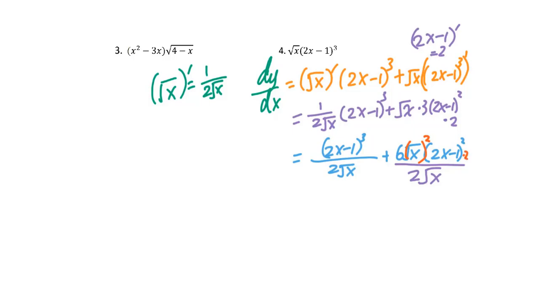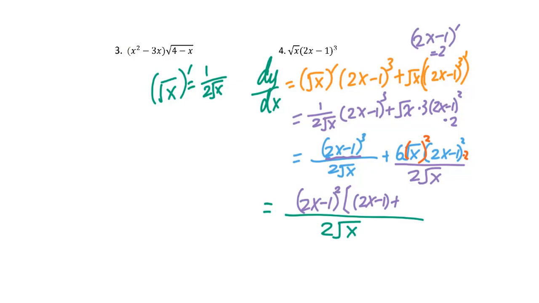So we organize. You will get the denominator is the same, 2 square root of x. And you will take this 2x minus 1 squared out. So for the first one, you will get 2x minus 1 left, plus 2 times 6 is 12.